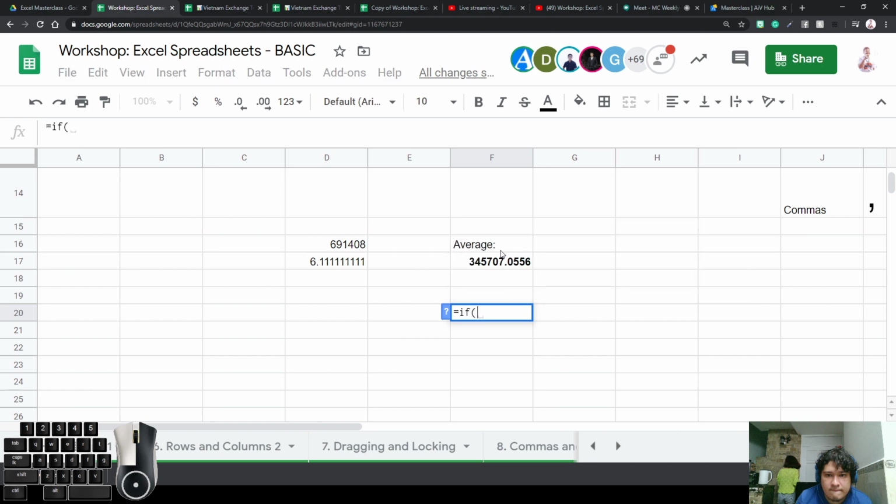open brackets, this cell equals average, comma, then I want you to tell me Kim is a beautiful woman.